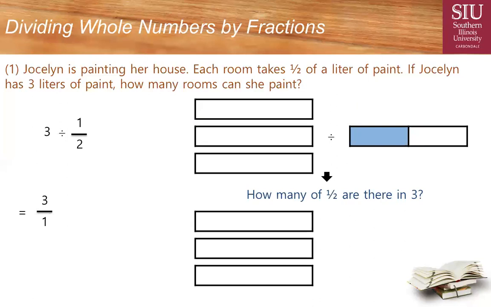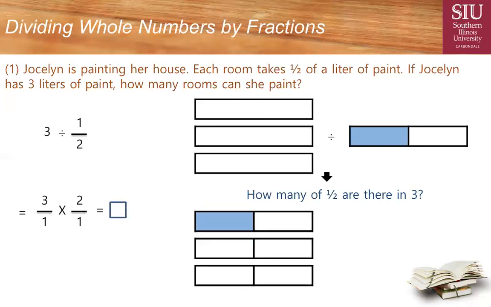So now we're going to answer the question. How many 1/2s are there in 3? We're looking for how many halves we can find in 3. So we take 3 divided by 1/2.